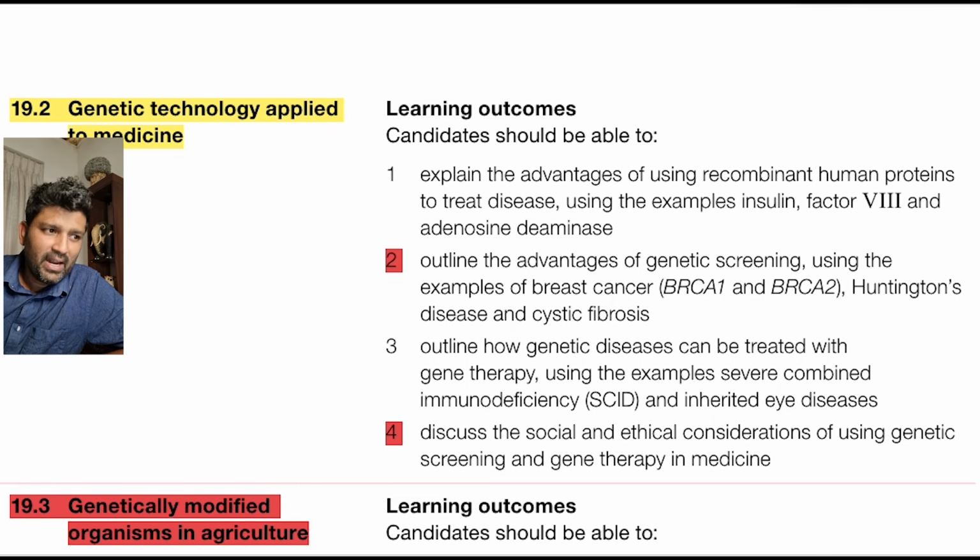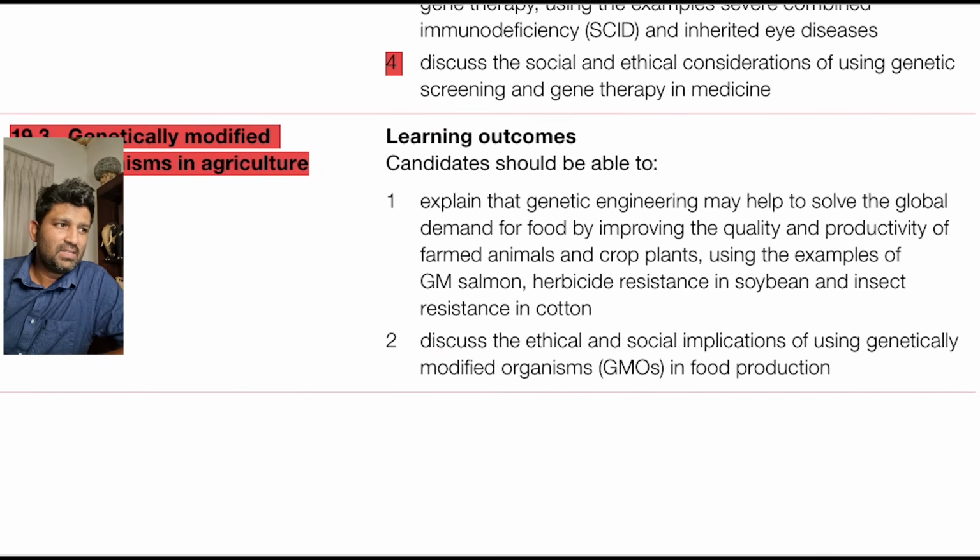Now, an area I feel that has not been tested much is talking about how genetic modification helps in agriculture. Yes, there were a few questions, I won't say no to it, but this did not talk that much about the effect of GMOs, like the implications of GMOs in agriculture, how it helps to increase the nutritional benefit, how it helps in the crop yield.